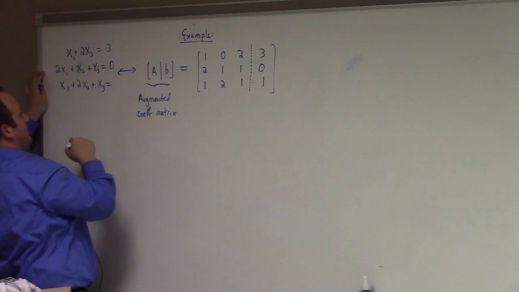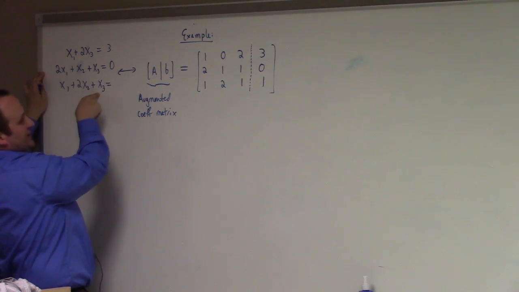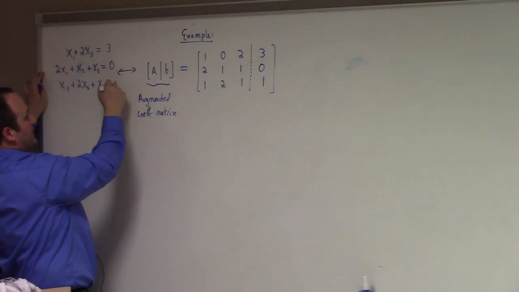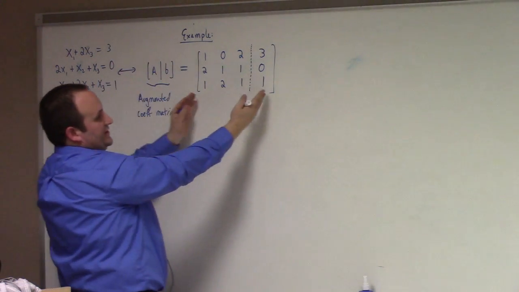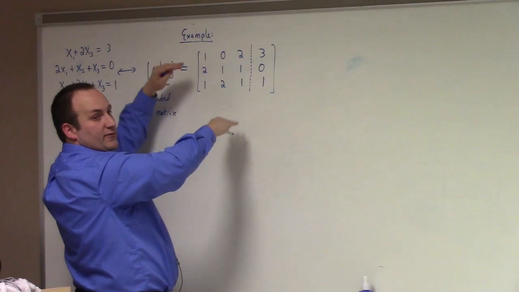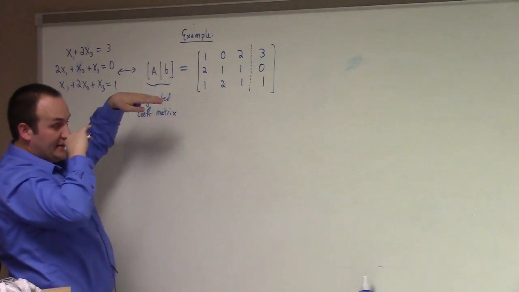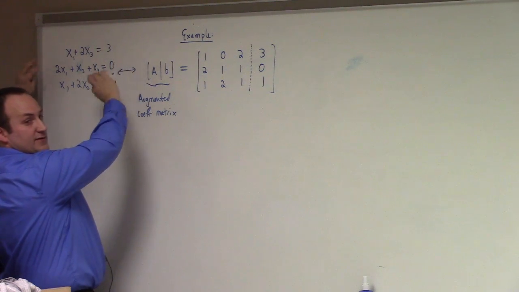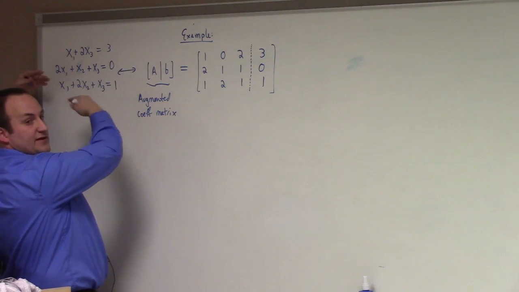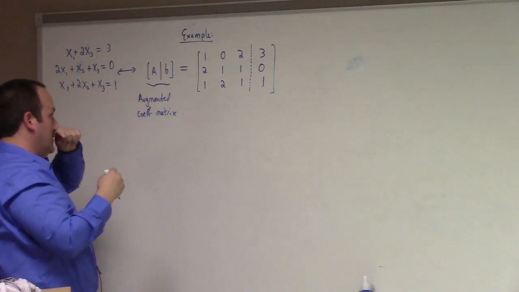Zero. And then we have x1 plus 2x2 plus x3 equals 1. So this system of equations can be encoded by this augmented coefficient matrix. And then doing row operations on it would correspond to multiplying these equations by a non-zero number, or switching their order, or adding one equation to another, all right?